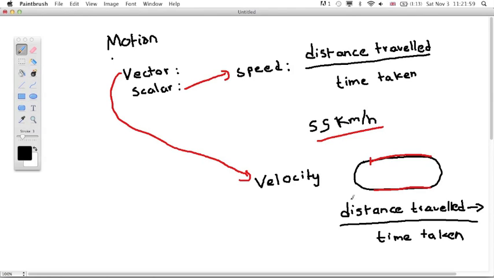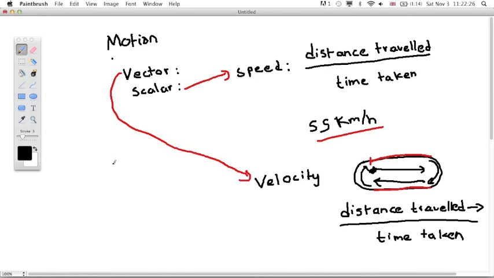Once you go in this direction, and then again you go in that direction, it's canceling each other out. So you have no velocity again. You're going in this curve over here, and then in that curve over there. So you see, your velocity is nothing, but your speed is still 55 kilometers per hour.